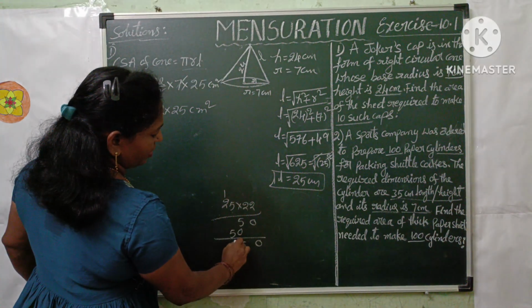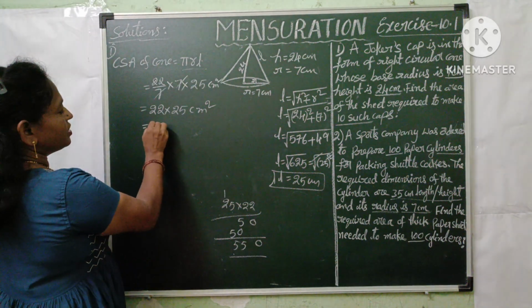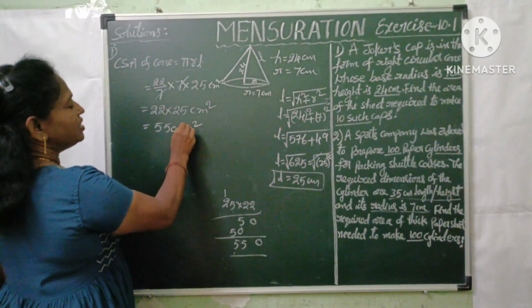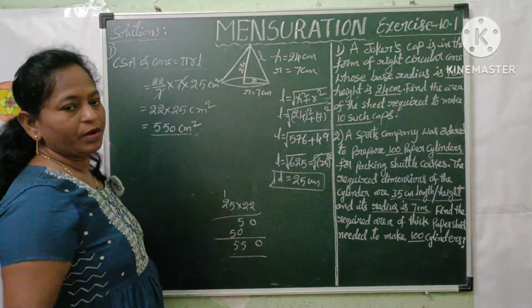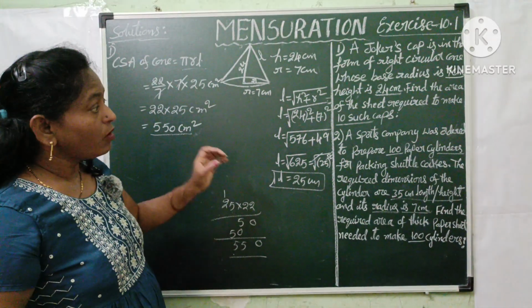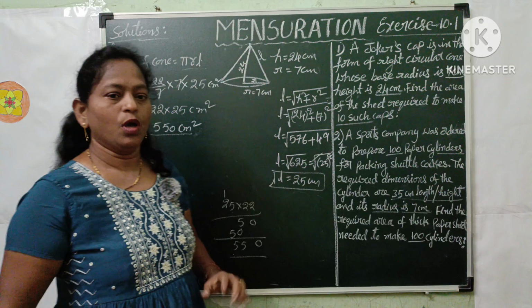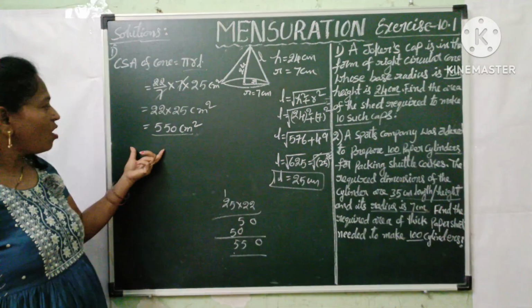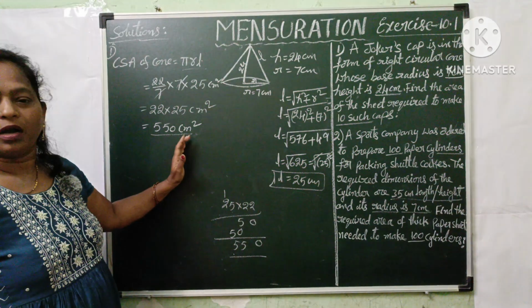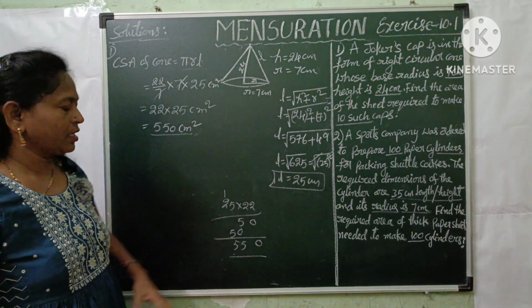So the answer is 550 centimeter square. This is the sheet for preparing only one joker cap. So we have to find the area of the sheet of paper required for 10 such caps.